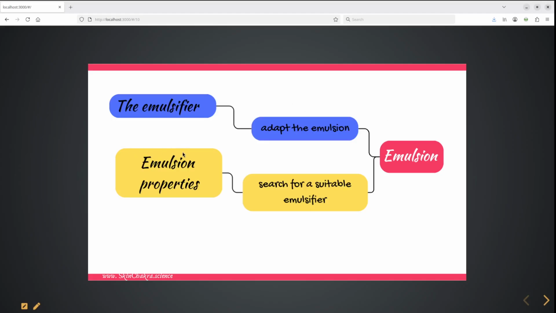The other approach is the one that is very common in the mainstream industry and in the big industry. You have some emulsion properties and requirements.